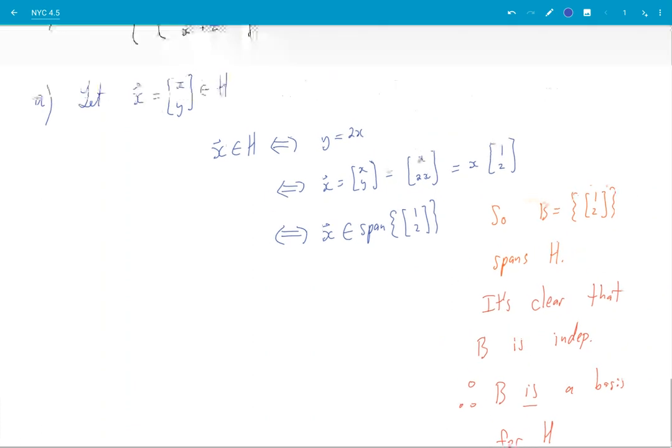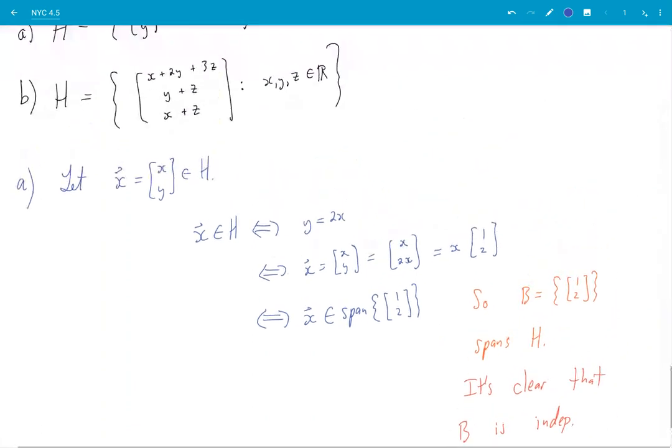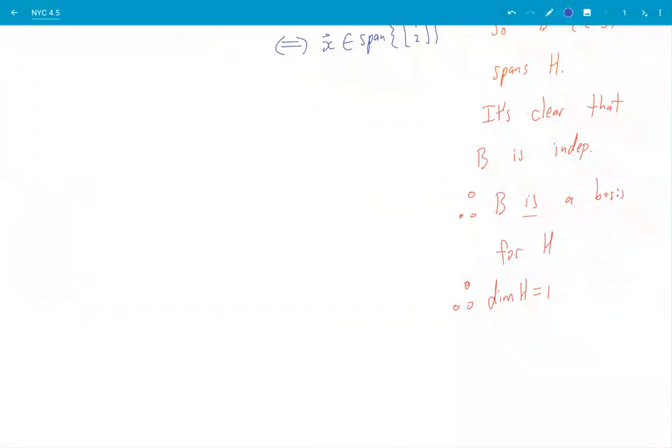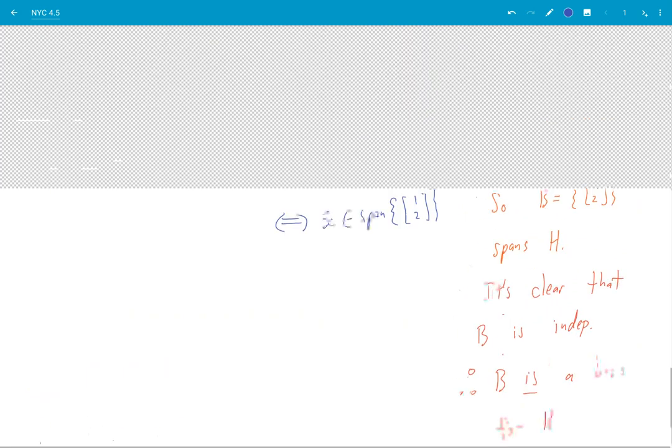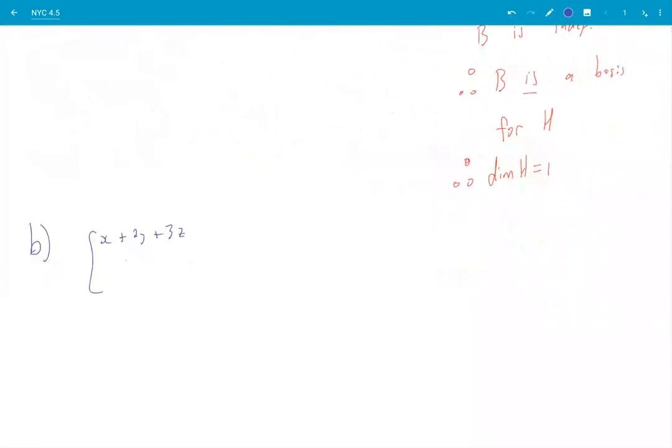What's the next one? Next one is, I'm looking at vectors of this form in R3. I do a similar argument. If I have one of these vectors, let's see if I can write it down. Don't make a mistake. 2y plus 3z. Y plus z is the next entry, and then x plus z.